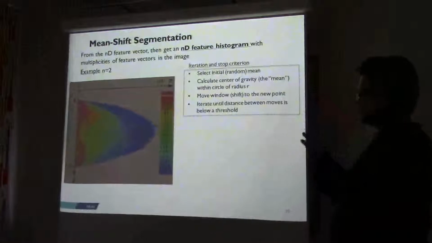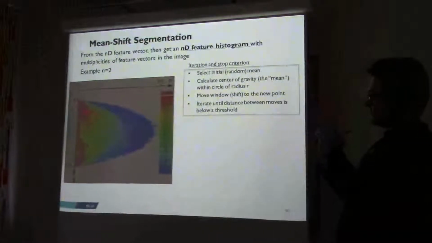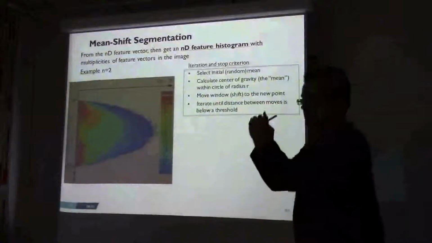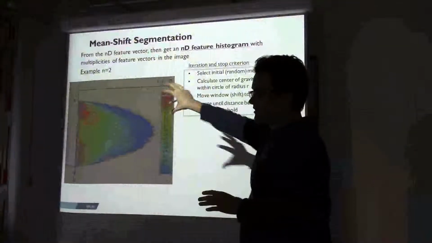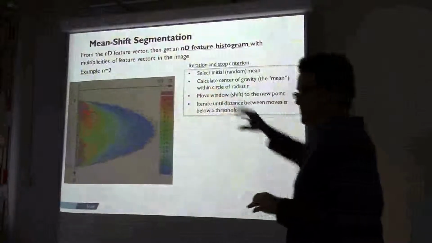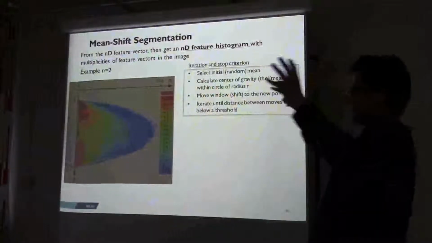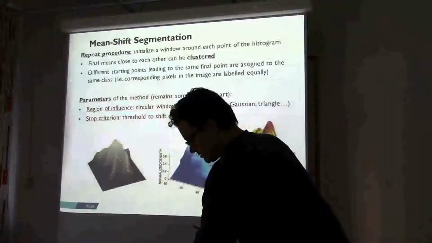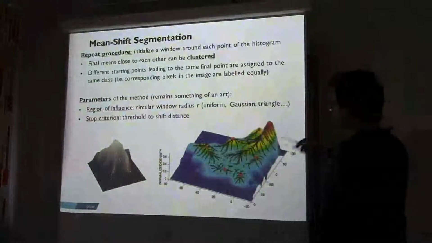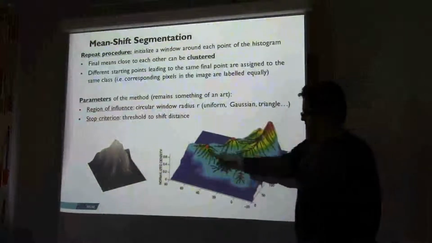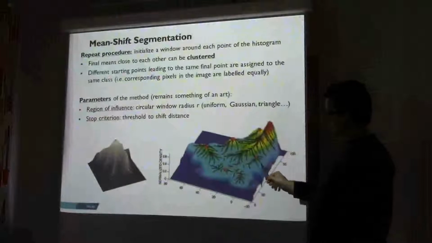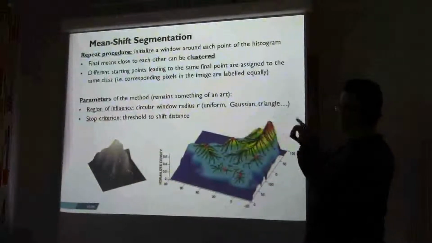If you put a small window, you won't be allowed to go further, so you will have a lot of different clusters in your histogram. If you put a big window, you will have fewer clusters in your histogram. So this is the idea. You get different clusters, and you apply this method to all pixels of your histogram.